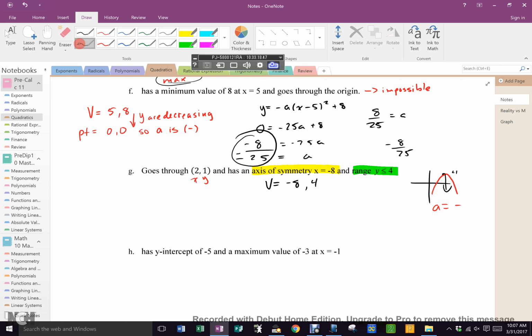Who has an answer for me? Y equals what? Kelvin, what do you got? So just the answer. Don't tell me what you did. Just tell me what you think your answer is. Okay, positive or negative? Negative. So what's your whole equation? Y equals negative a, negative 3 over 100.